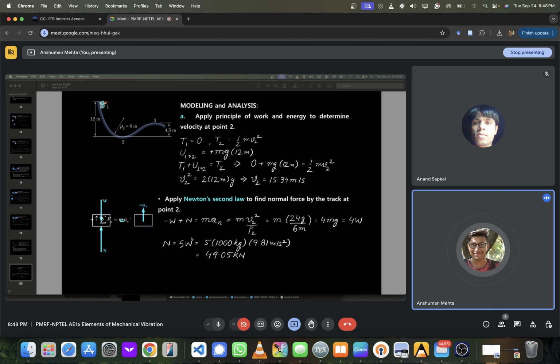The first task is done. We found out the velocity at point 2. So part A is done. For part B, you have to apply Newton's second law.